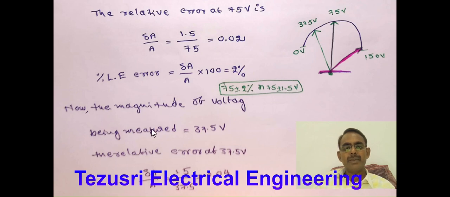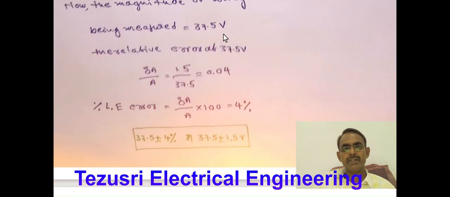Next, the same instrument is used to measure 1/3 of the full scale value. That means 37.5 volts. Then the relative error at 1/3 of the full scale value, 37.5 volts, is absolute error by true value, 37.5 volts. Then we get 0.04.